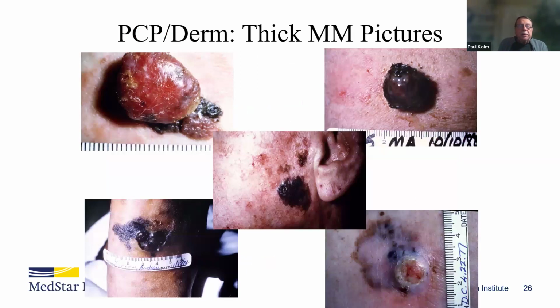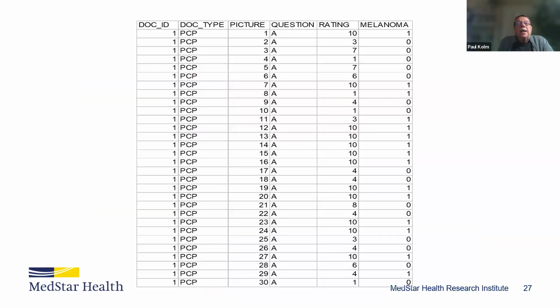So these are some of the different pictures that they had to look at, and then make a rating of what they thought they were, melanoma or not, or how likely they would be to biopsy. So here's an example of one PCP's data. And so we have 30 pictures here.